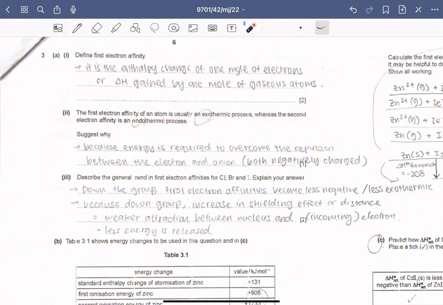This question comes out often, and you should really memorize the answer. It is because energy is required to overcome the repulsion between the electron and the anion, which are both negatively charged.